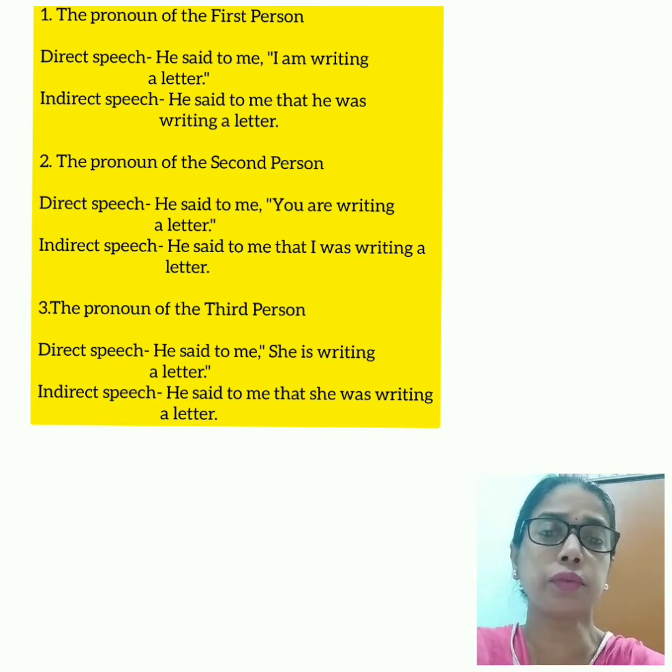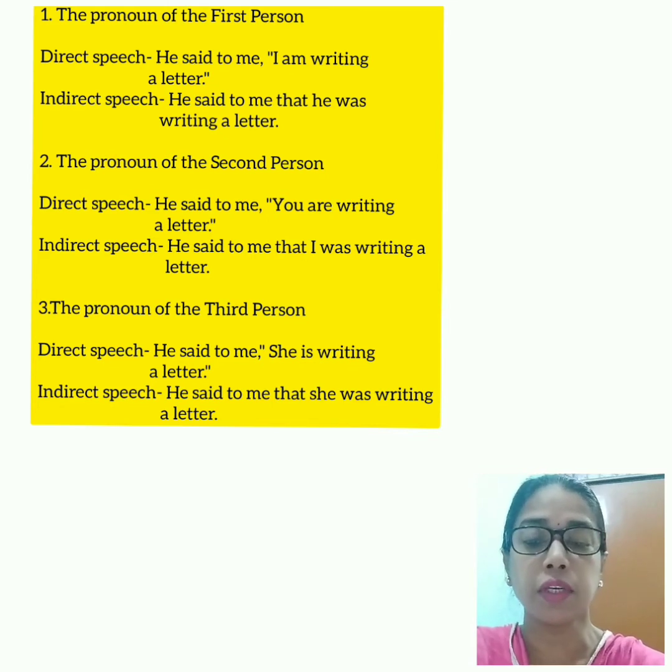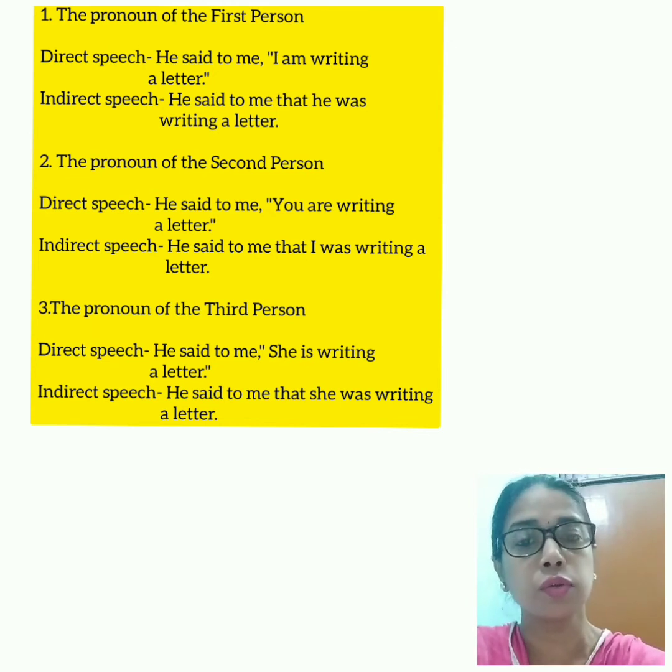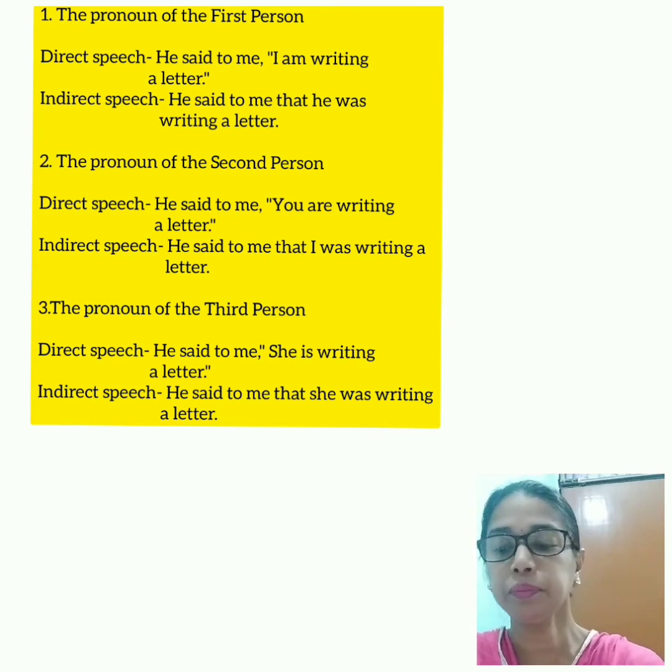So instead of I, you can see that we have used the word he, and both the reporting portion and the reported speech have been joined by the word that. And after that, instead of I am, you have used he was. So instead of the first person, you will be using the pronoun related to the subject.